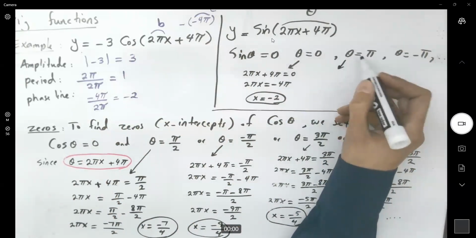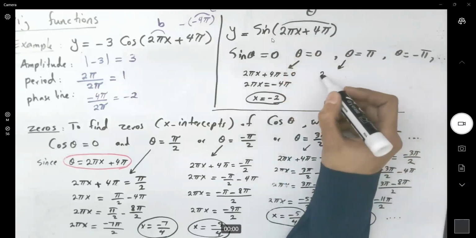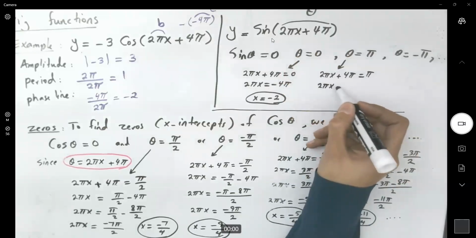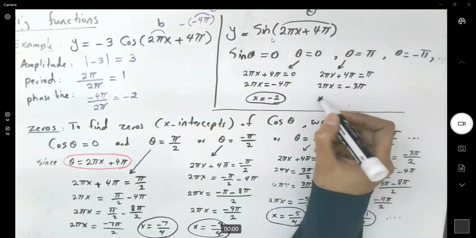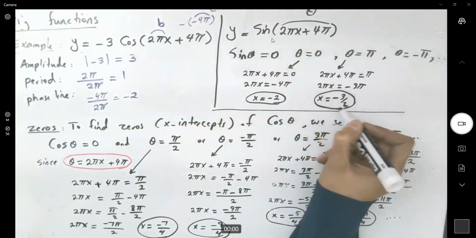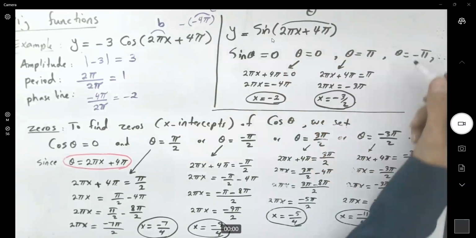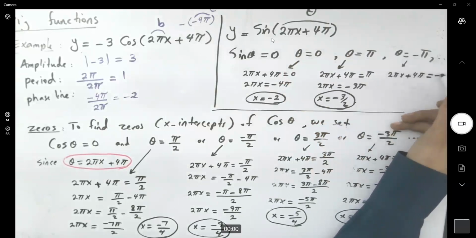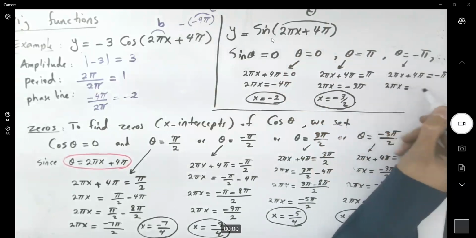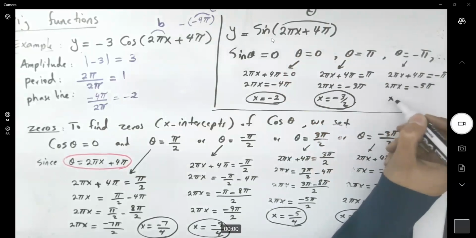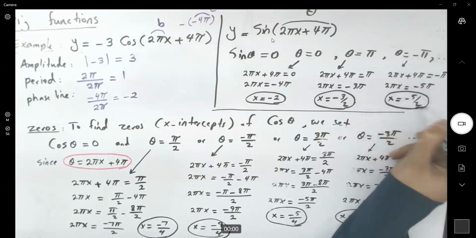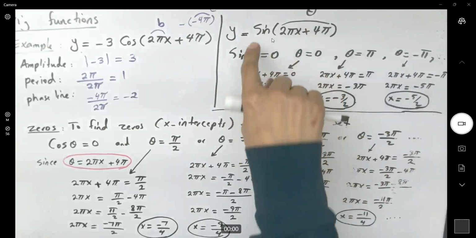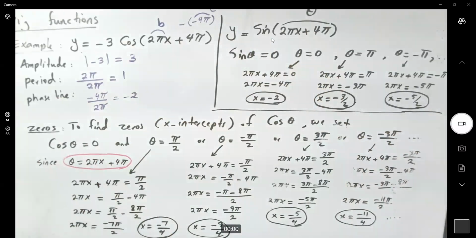So here, if I set theta equal to pi, I have 2 pi x plus 4 pi equals pi, or 2 pi x equals negative 3 pi, or x becomes negative 3 halves. That's interesting. If I use negative pi, 2 pi x plus 4 pi is negative pi. So 2 pi x becomes negative 5 pi, or x becomes negative 5 divided by 2. So as you can see, my x values will be different because my sine is different from cosine.